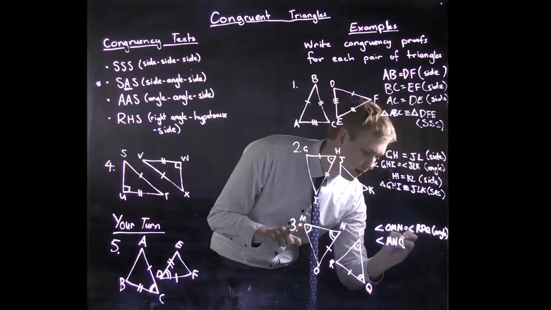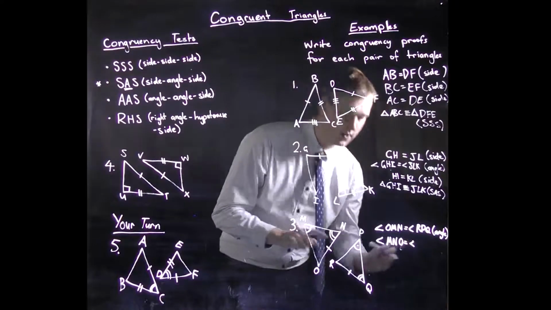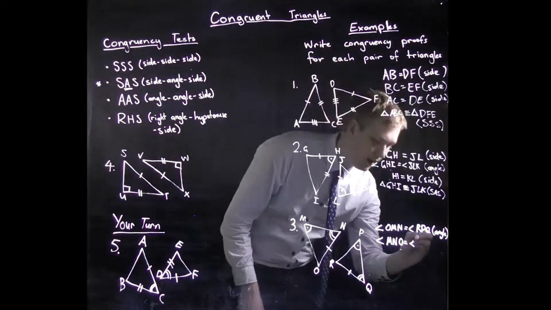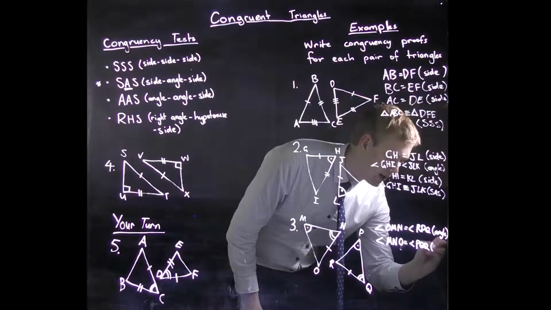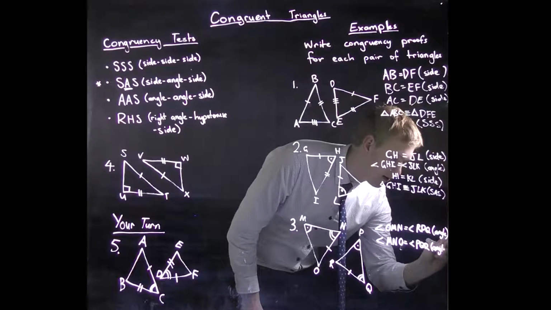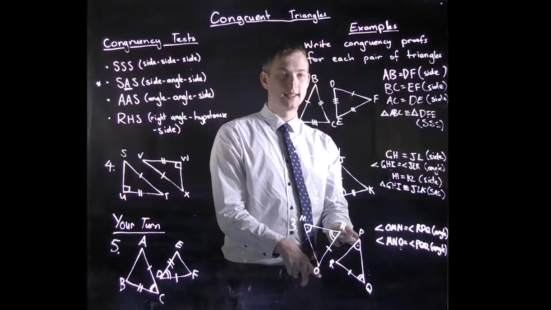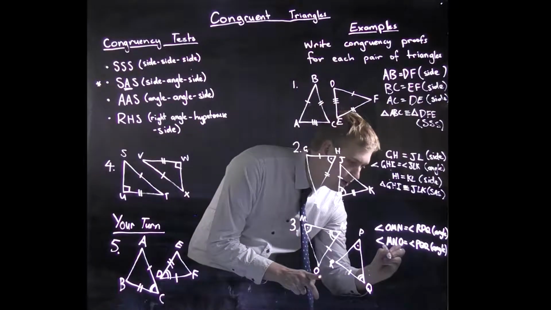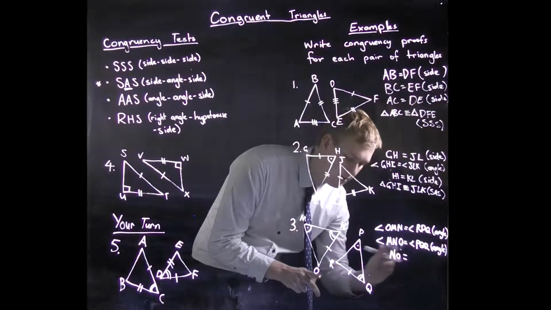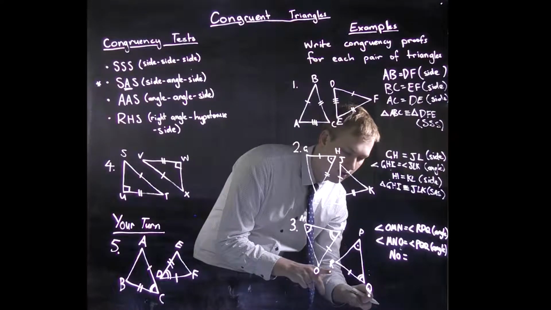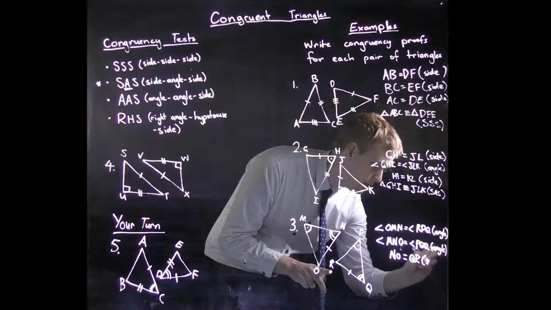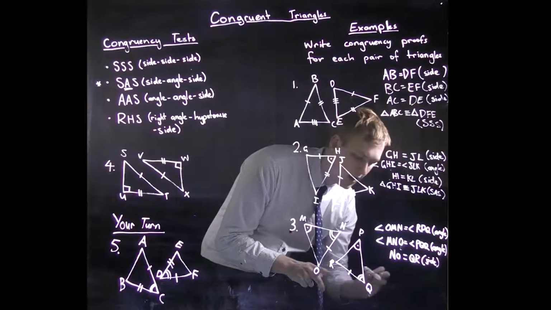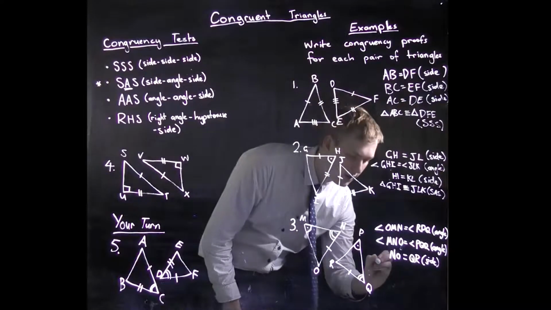Sorry, that's an O, MNO. Is equal to angle PQR. And again, that's angle. Finally, we have our side, NO. So NO equals QR, which is a side. And we can write out our congruency proof.